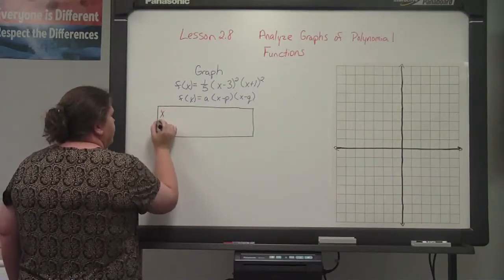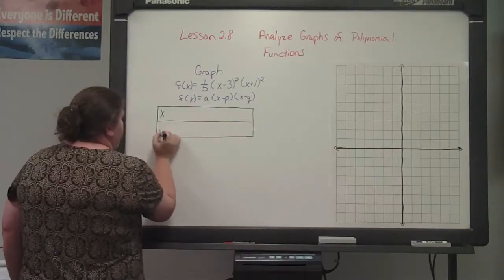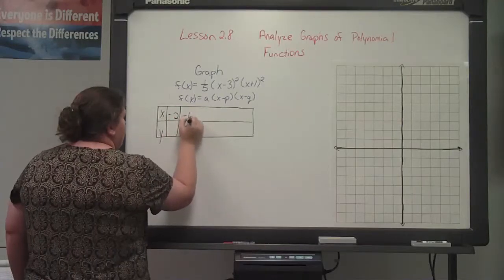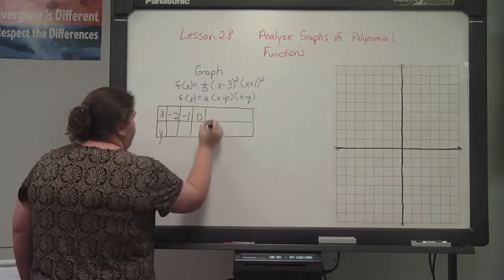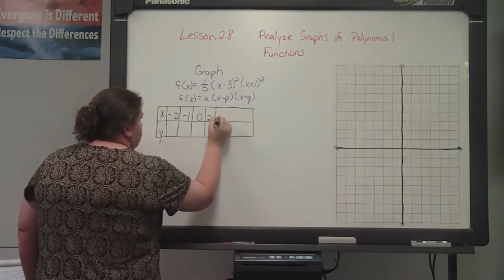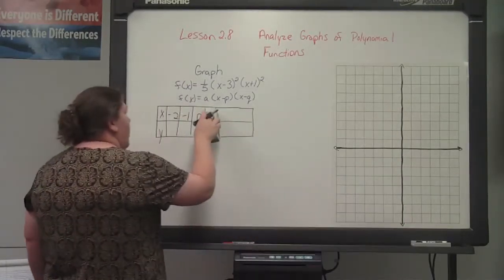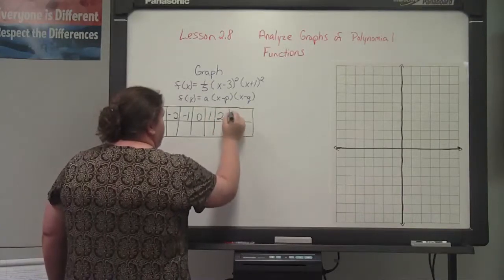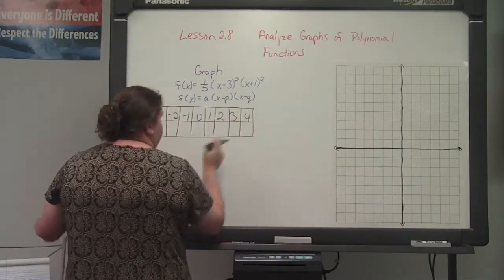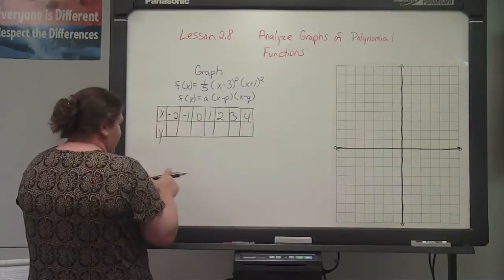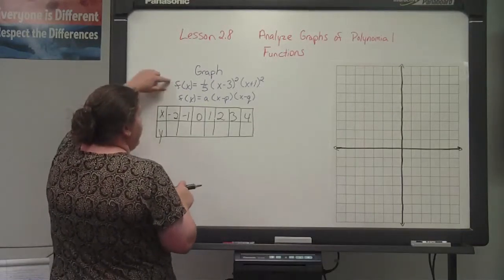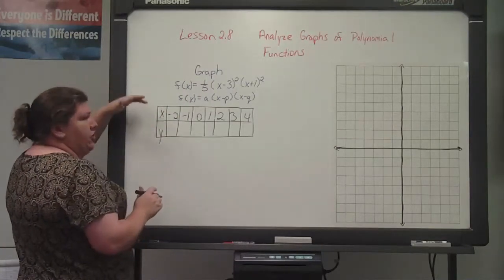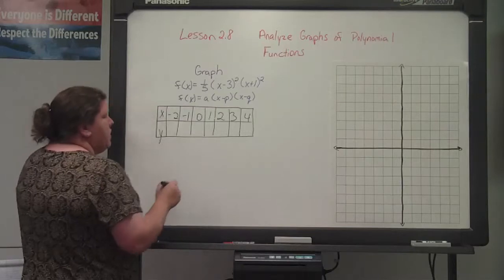I have my X and Y. I want to use -2, -1, 0, 1, 2, 3, and 4. So what I'm going to do is solve the original equation for each one of my x's I just placed in my table.